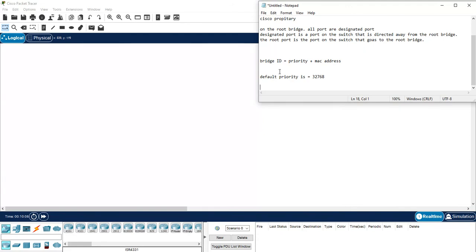So designated ports are forwarding ports and the non-designated ports are blocking ports. For the root bridge, all ports are designated ports. For the switch with the higher priority, one port will be the non-designated port, or the blocking port.